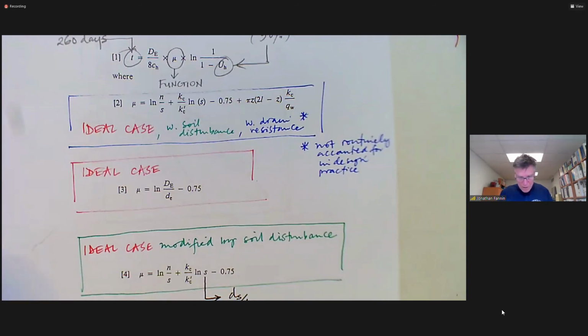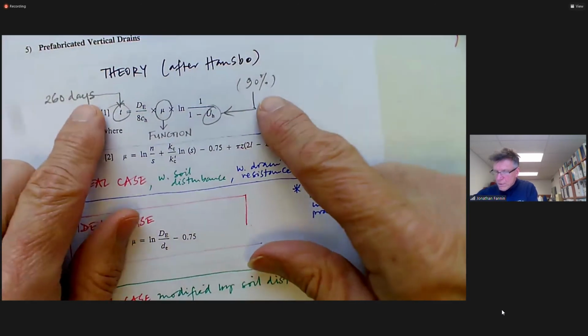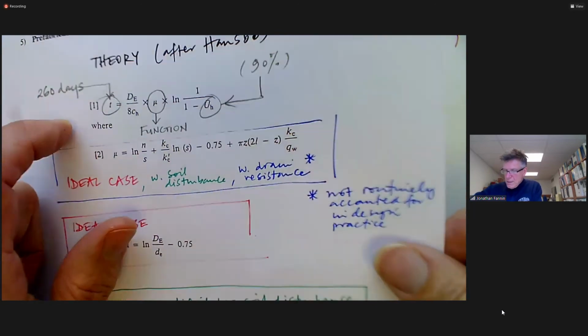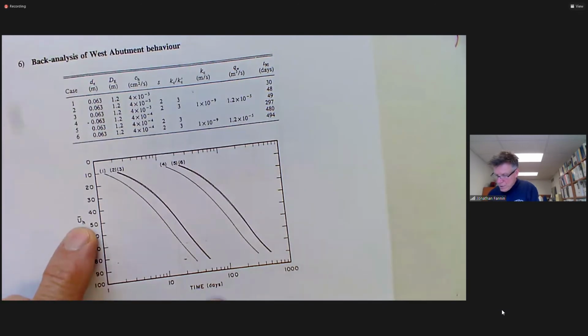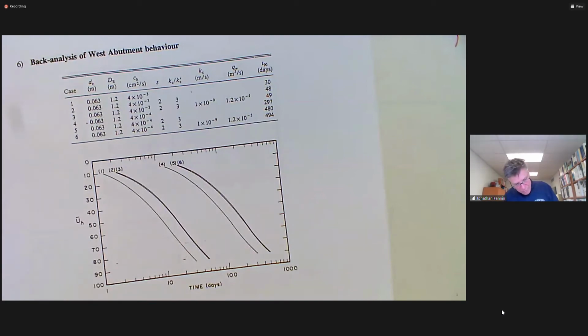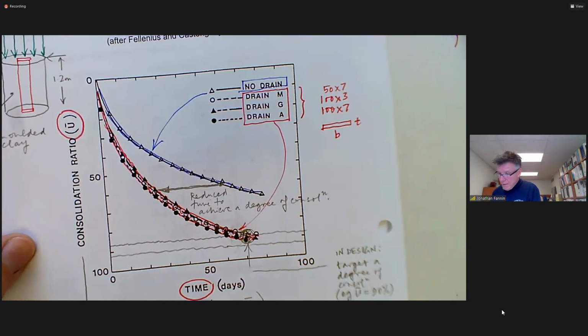Let's pursue them in a forensic back analysis of the Vernon case study. Okay. First of all, I'm going to take these field performance data. T90 is 260 days. Here's a relation between U and time. Do you remember all the way back to Fellenius?